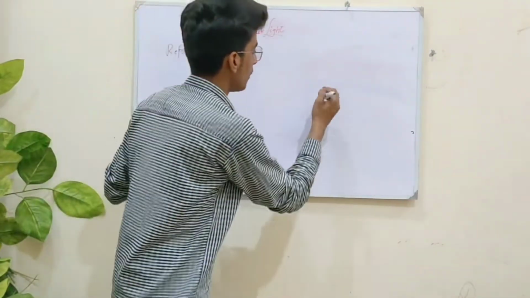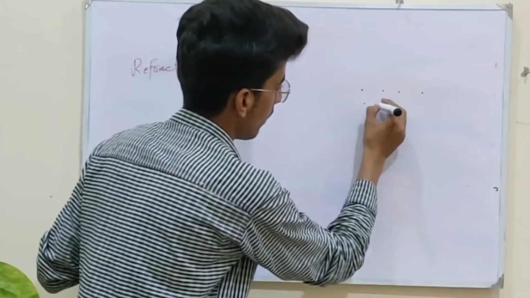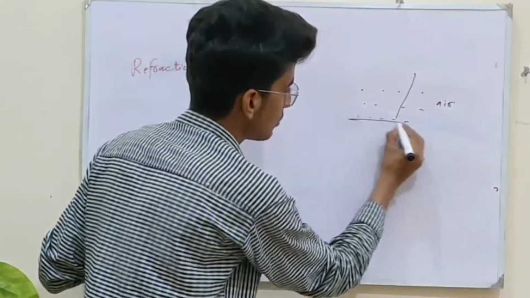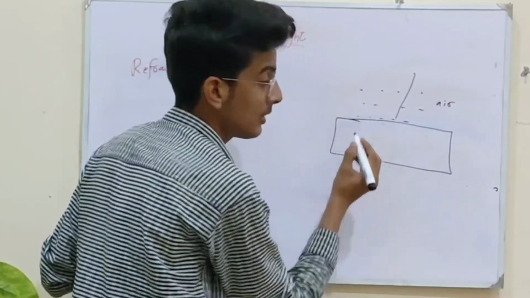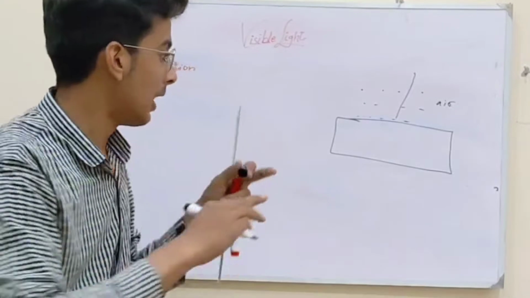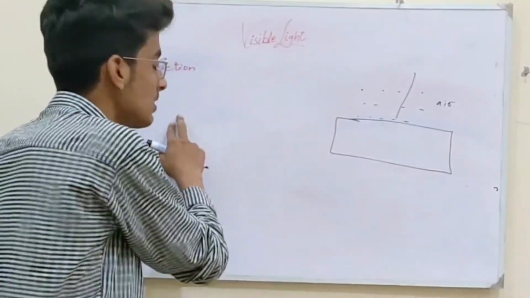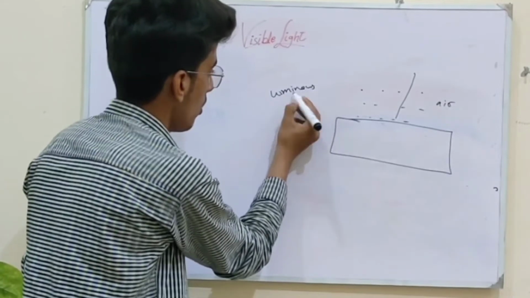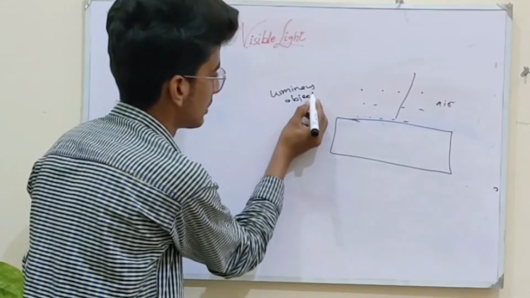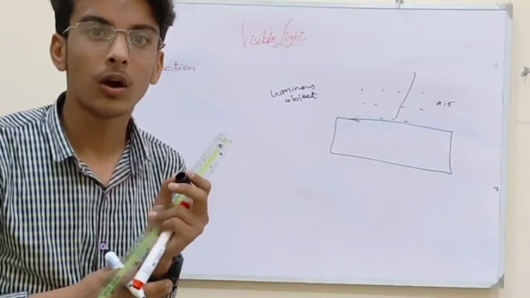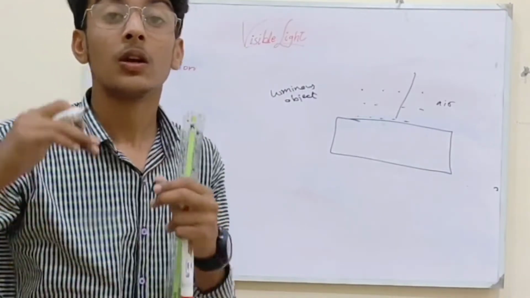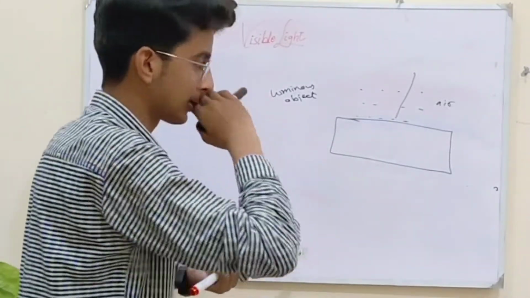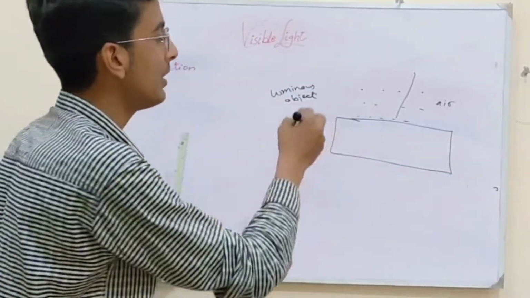For example, from air particles, the light enters a glass. This means to say refraction occurs in luminous objects. It also occurs in non-luminous objects when there is total internal reflection, but mostly it occurs in luminous objects, and it occurs when the medium changes.